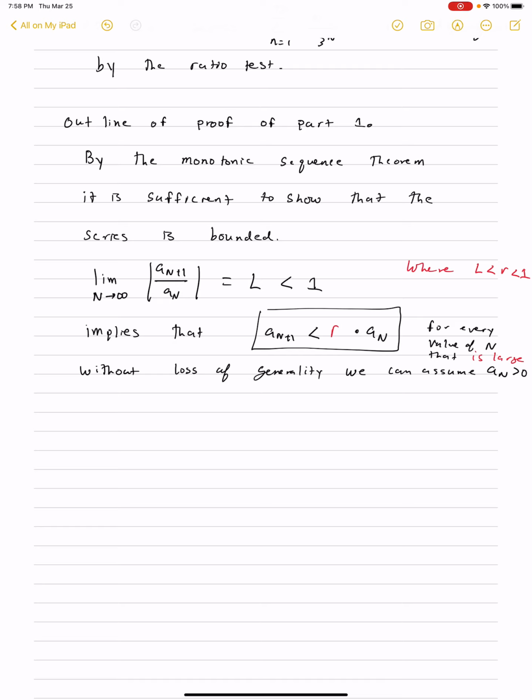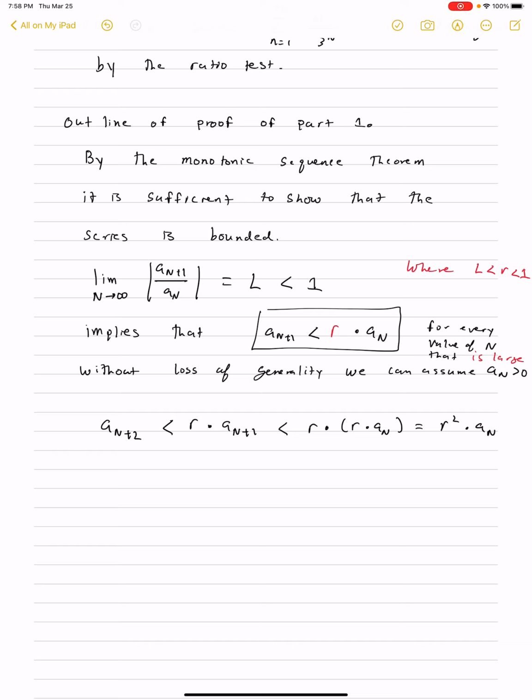Well, this means that a sub n plus 2 is also less than R times a sub n plus 1. Okay, but remember, a sub n plus 1 is less than R times a sub n, so this is less than R multiplied by R times a sub n, and this is R squared multiplied by a sub n.